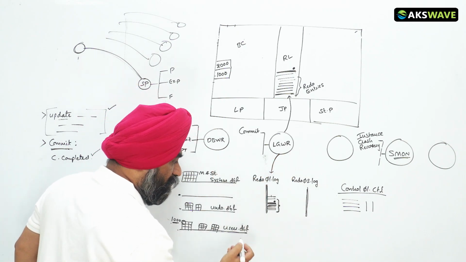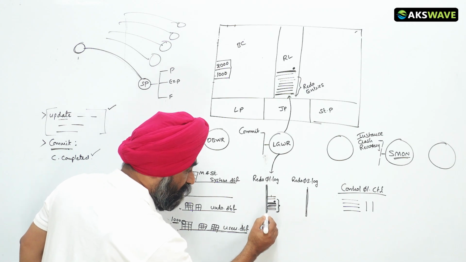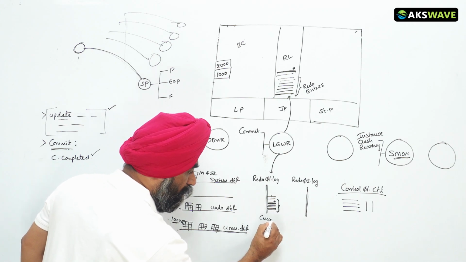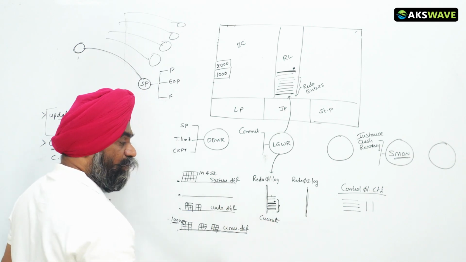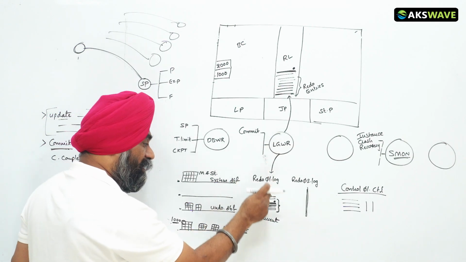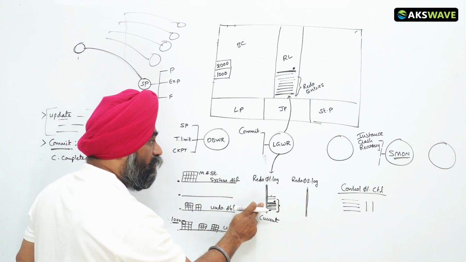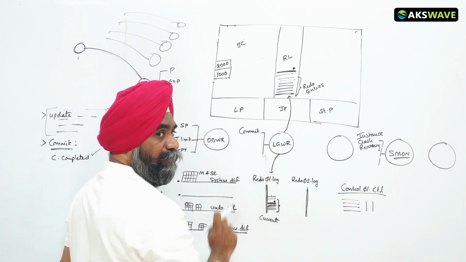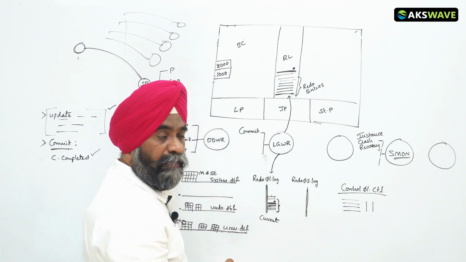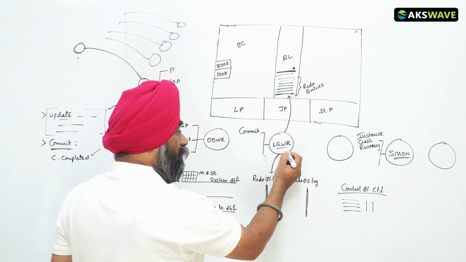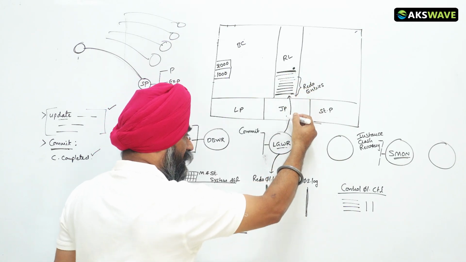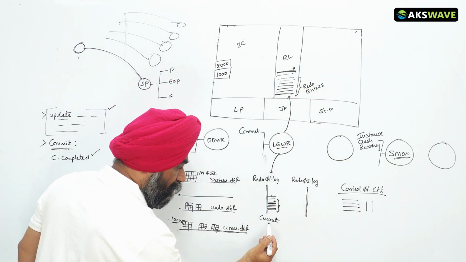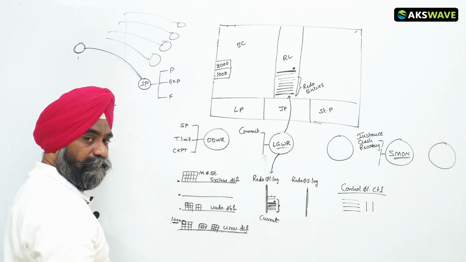When it is writing to this redo log file, the status of this redo log file will be in what mode? Current mode. So currently, this redo log file is in use by your log writer. Then every time log writer is invoked, it will take the redo entries and write them to the redo log file which is current.